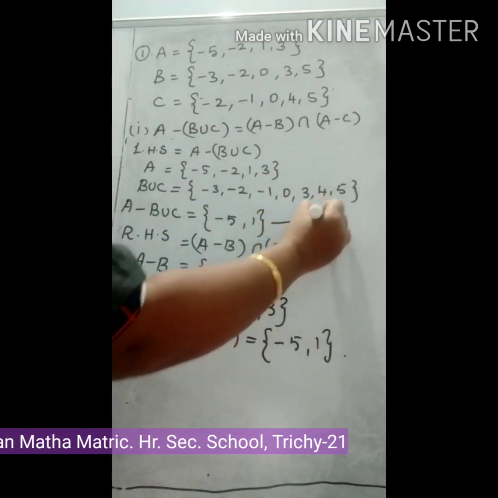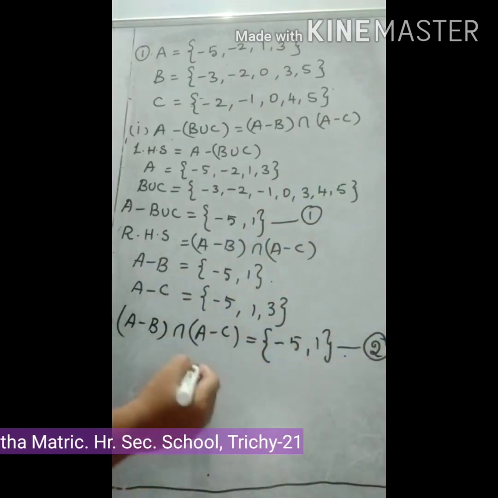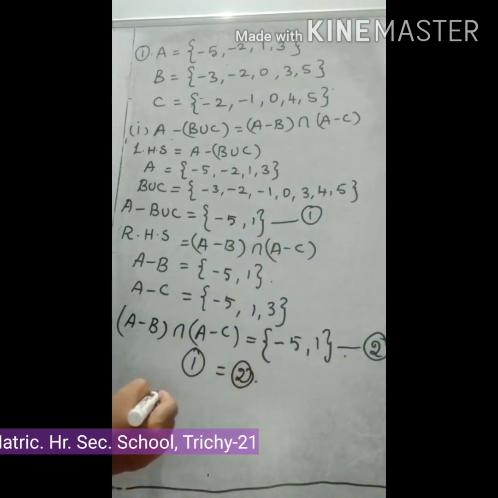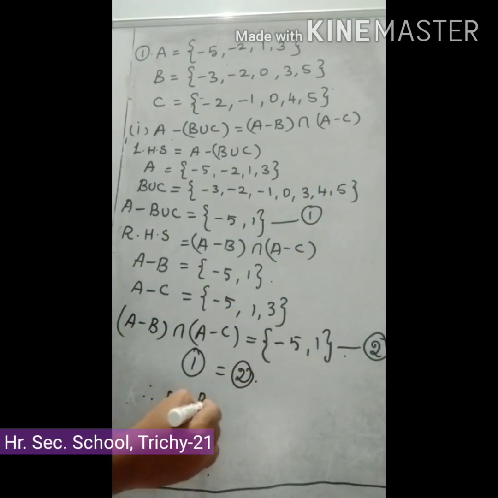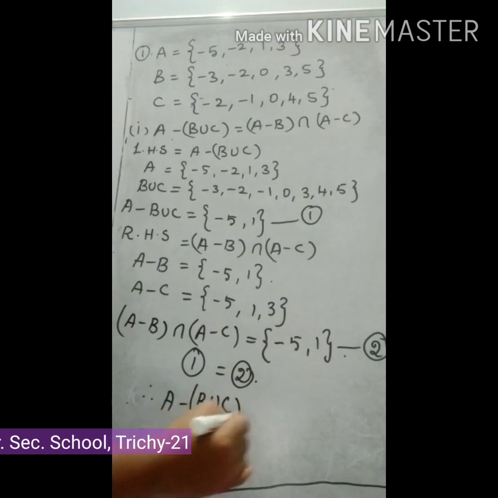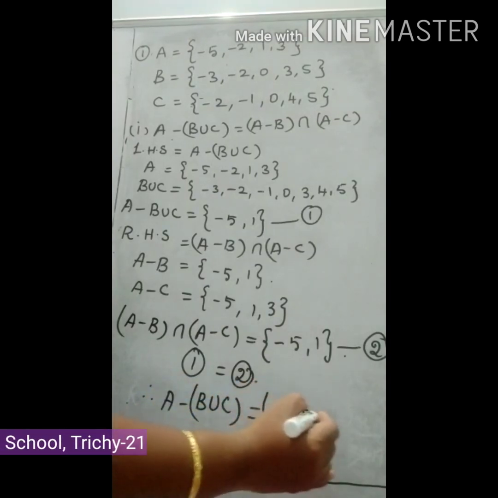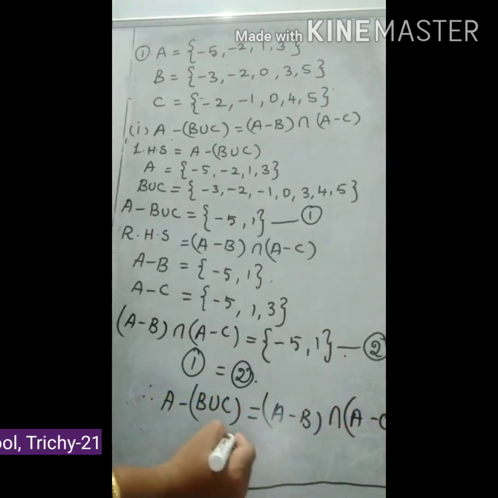This is 1. And this is RHS, and this is 2. So therefore 1 is equal to 2. So therefore A difference B union C is equal to A difference B intersection A difference C. Hence proved.